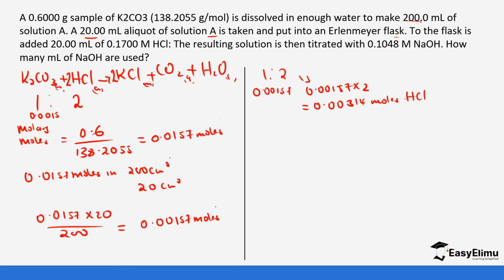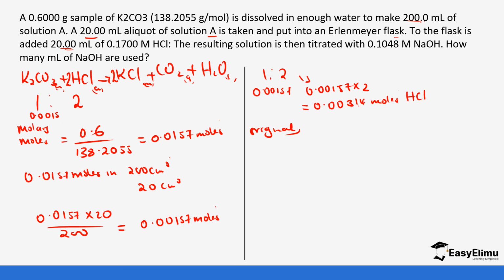Next we are going to look at the original moles of the acid. Initially we had 20 ml of 0.17 molarity HCl. Let's count the number of moles that were in this 20 ml, but only 0.00314 moles reacted with the carbonate.